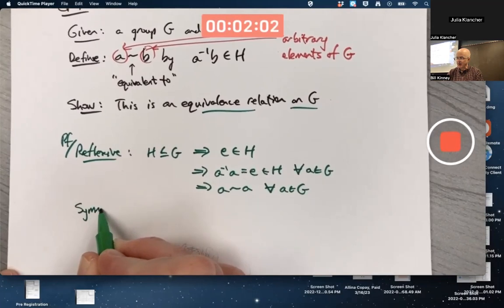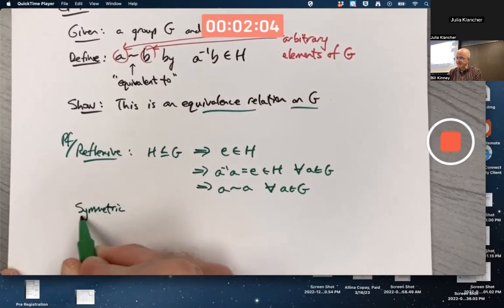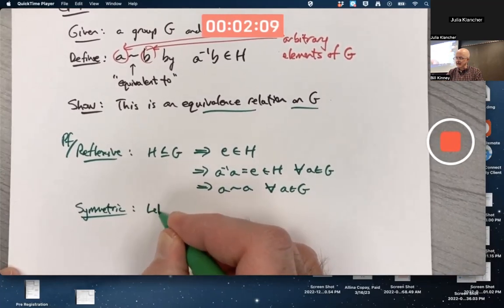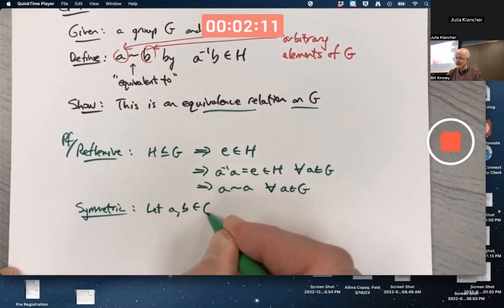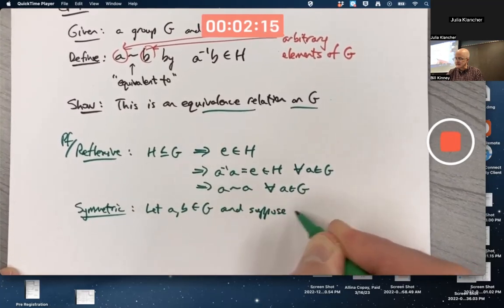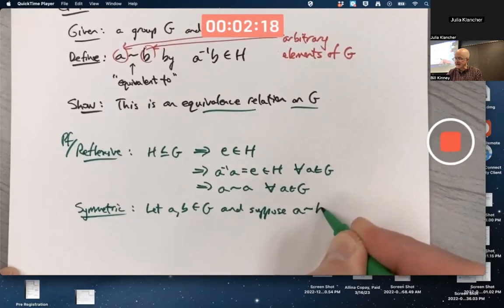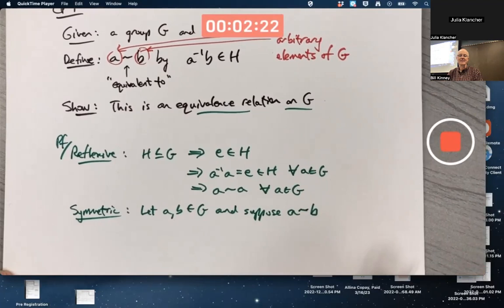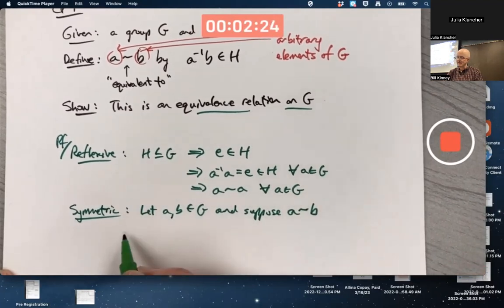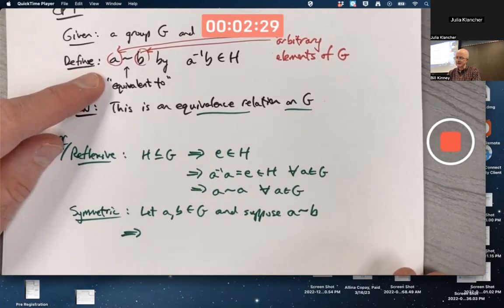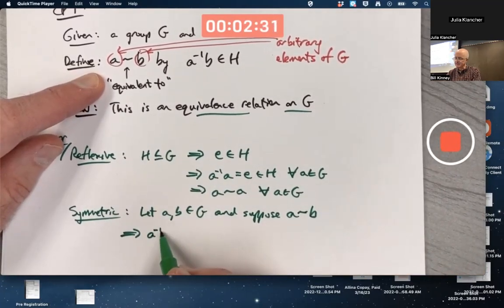What about the symmetric property? Let A and B be in G, and suppose A is equivalent to B. We must show B is also equivalent to A. A being equivalent to B means, again, by definition here, that A inverse B is in H, not G, but H, right?